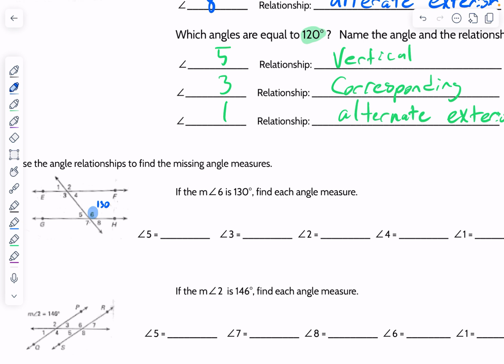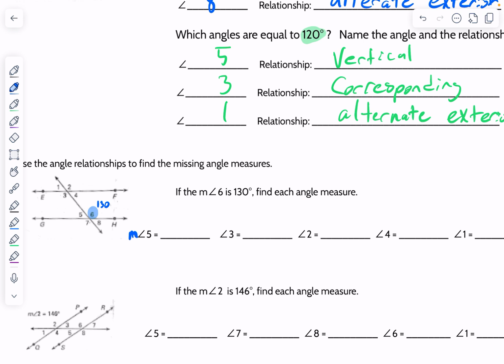So let's start here. The measure of angle 5. If we're at 6, we have angle 5. When you have them beside each other, that's when you have the supplementary angles. We talked about that in a previous lesson.